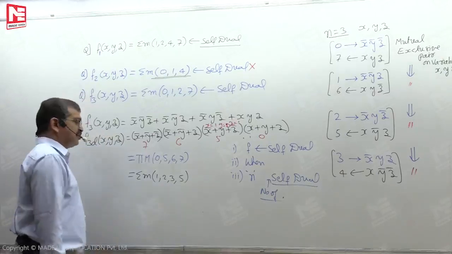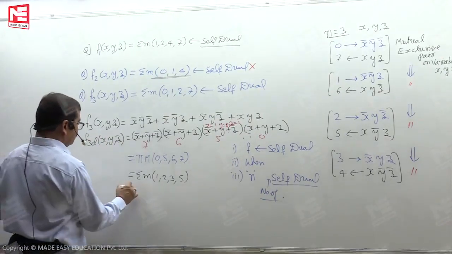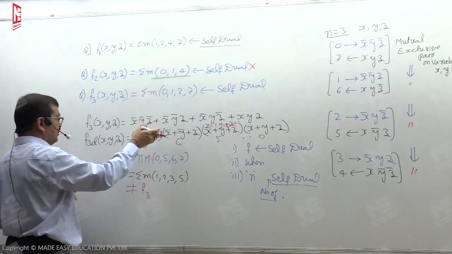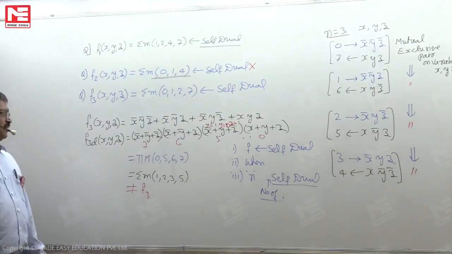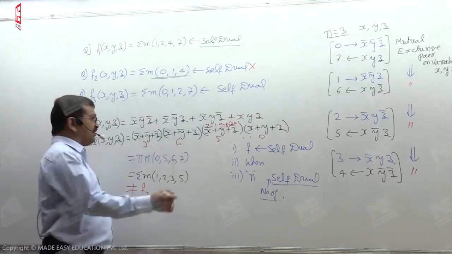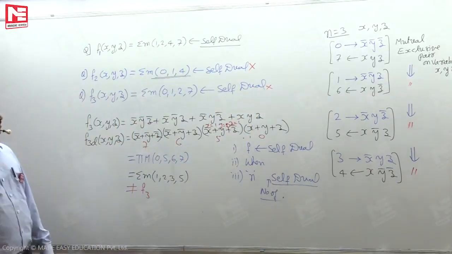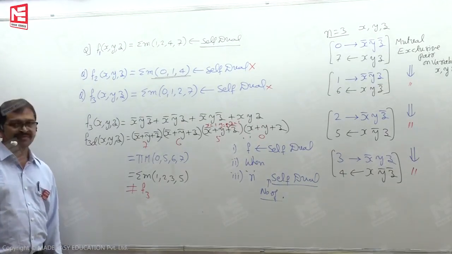And if you now check this function with F3, this is not equal to F3 because the min terms differ. So finally the conclusion is that F3 is not a self-real function.